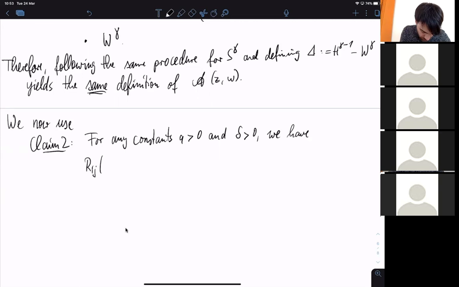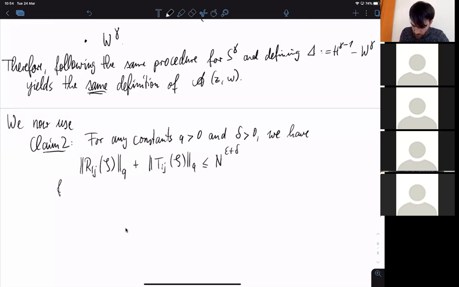I take an Rij entry at the spectral parameter zeta, and then I want to understand the q norm of this, and the same for the T. This q norm is smaller than n to the epsilon plus delta for all i and j, and zeta being x or w, for all large enough n.